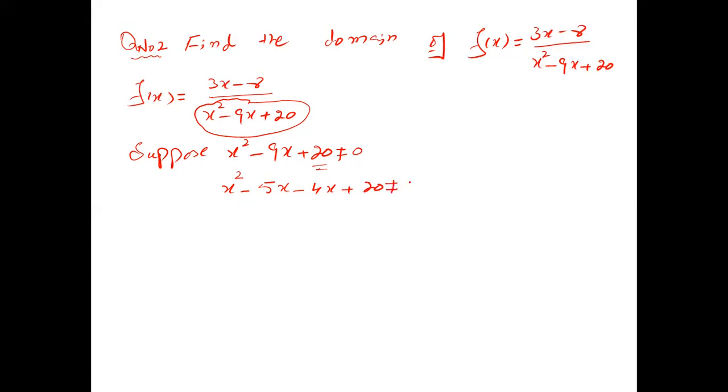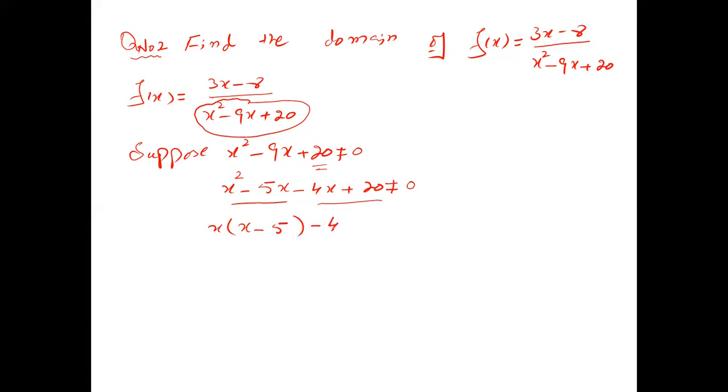It should not be equal to 0. No need to explain how to write minus 5x and minus 4x. We did it many times in grade 10. So boys, listen. This is one factor pair, and this is the second pair. From the first pair, we can take x common: x minus 5.